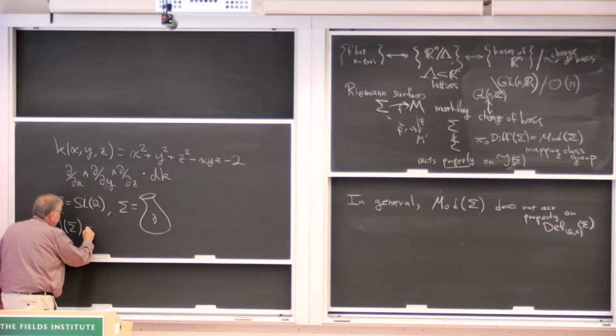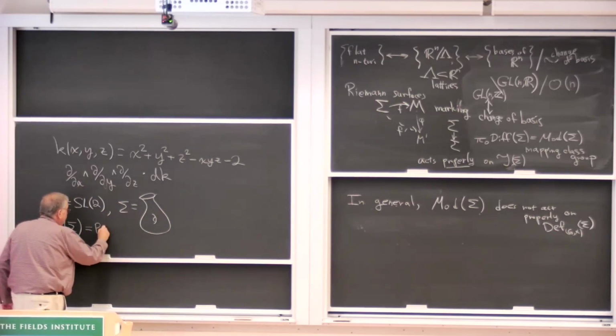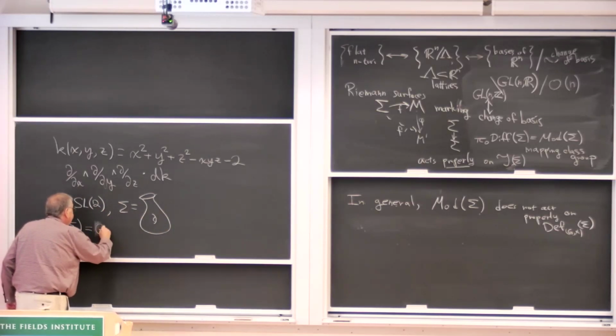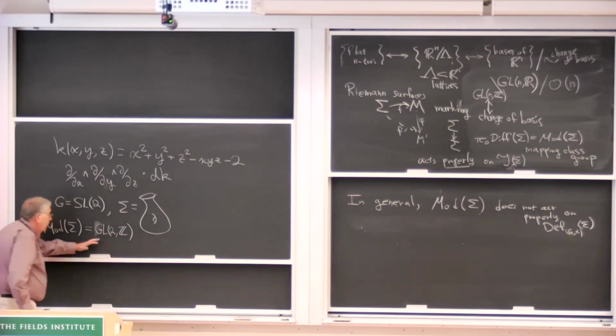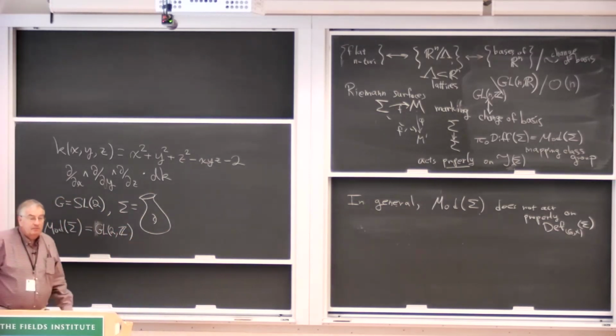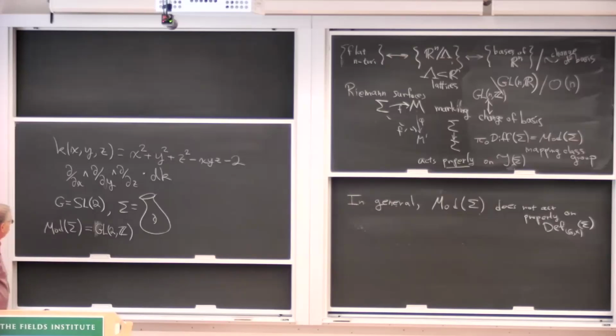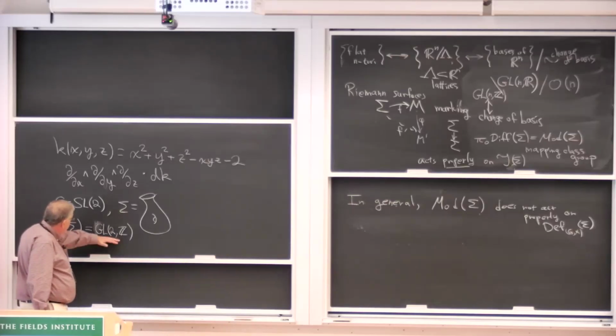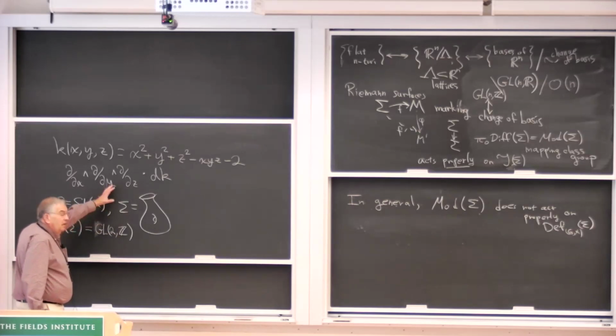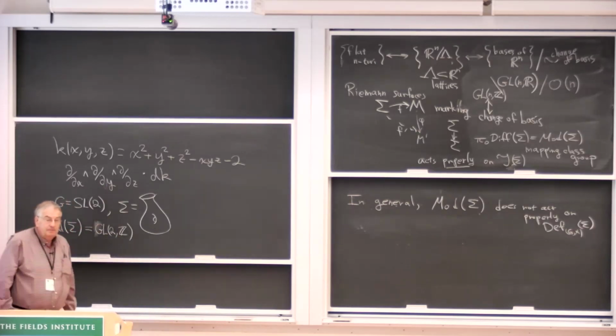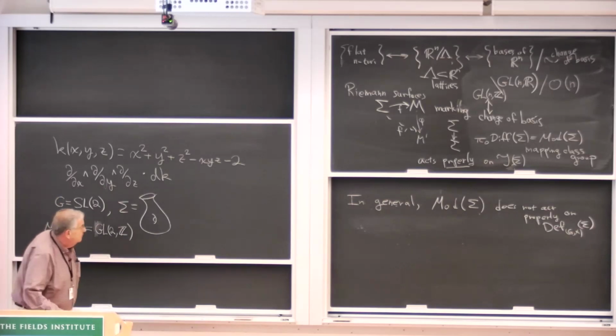Well, it'll be PGL_2, it'll be GL_2(Z). In a little while, I will extend this to get more symmetries, but the dynamical system I want to advertise is an action of the modular group on R^3.